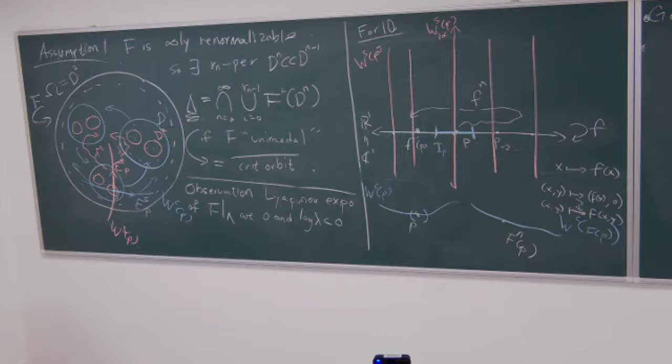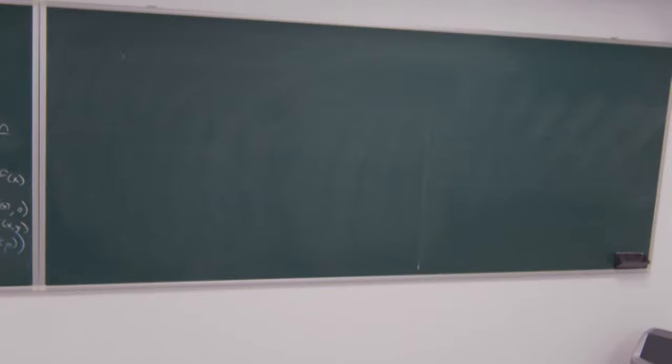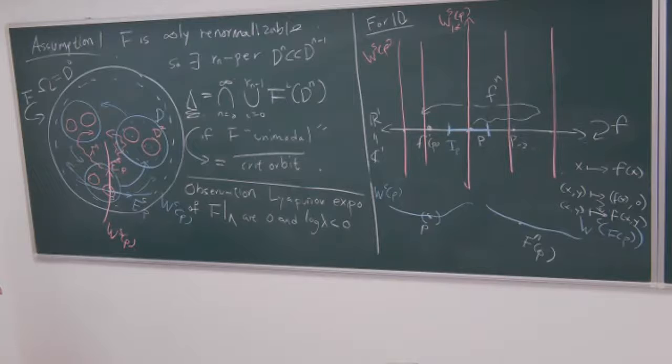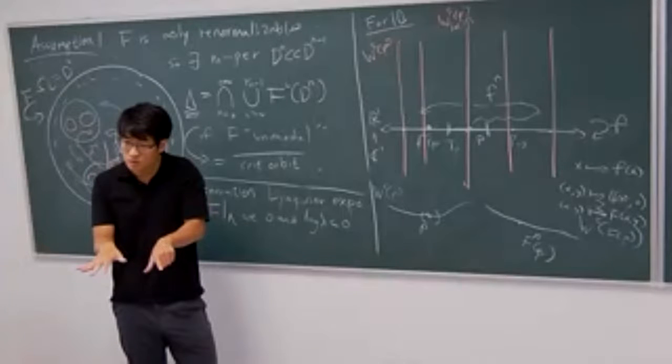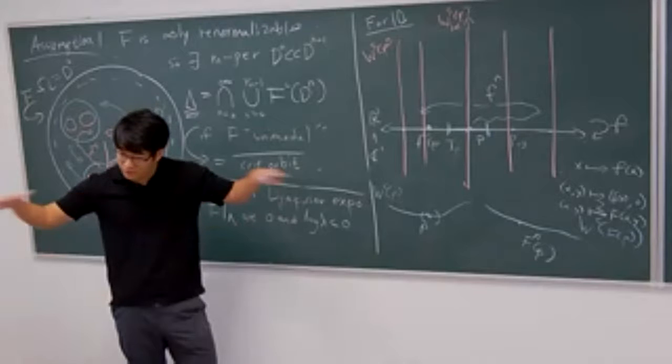Okay, so finally, let me state assumption 2. Oh, sorry. A question: if these are points, this is an orbit in a Cantor set, right? It'll be a Cantor set embedded in R, and the map will be applied on R, and the Cantor set will be an invariant subset.